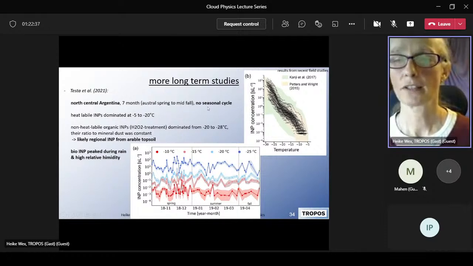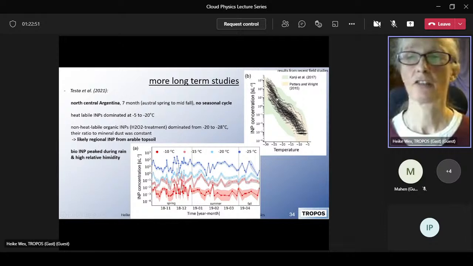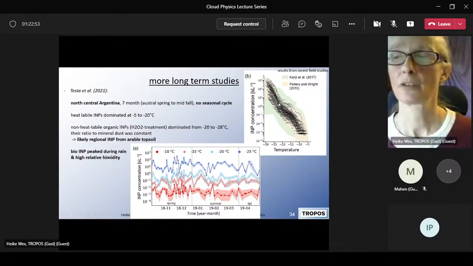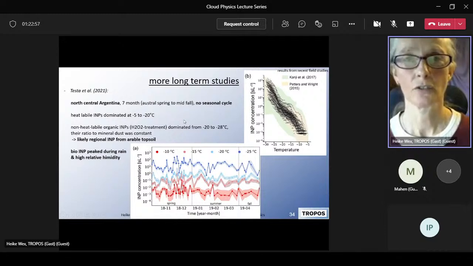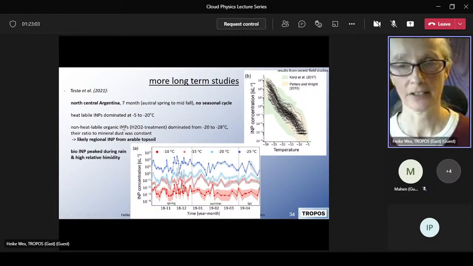But they also do not see a seasonal cycle that can be seen here. And that is now even true at the high temperatures. They saw that those very highest active INP were heat labile. They were biogenic. They also saw for the lower temperature ice active INP, they could be destroyed to a large fraction by H2O2 treatment, which means they are probably organic and not dust particles.